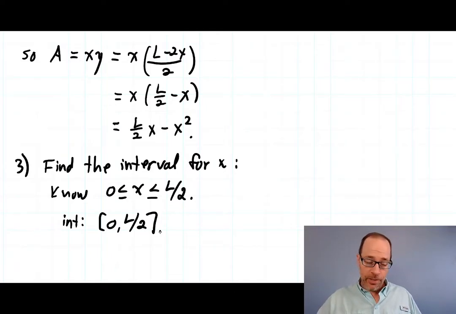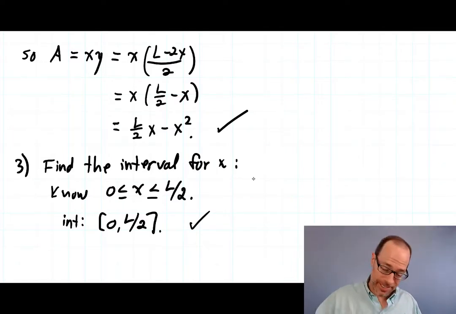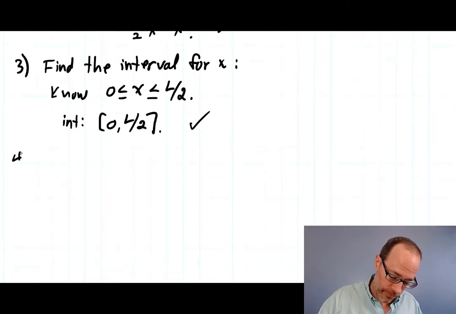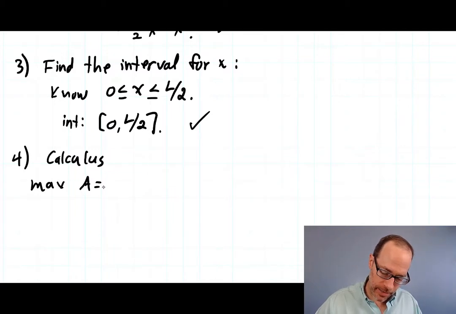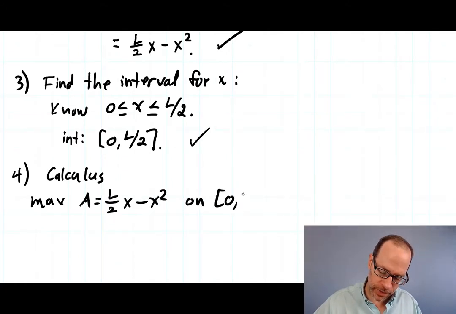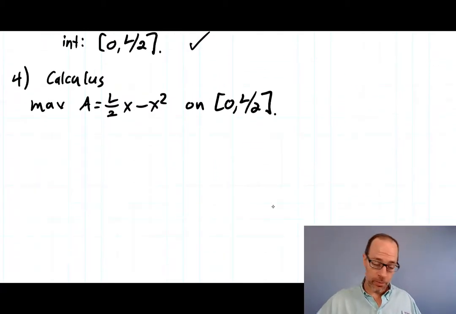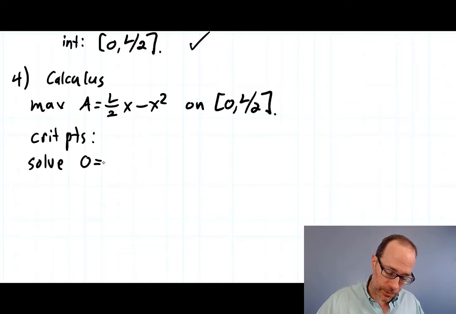All right, now that we know the function and we know the interval to maximize it on, it's just calculus time. So we want to maximize this function A, which was L over 2 x minus x squared, on the interval 0 to L over 2. Okay, step 1 was to find the critical points, which means we had to solve the equation 0 equals A prime.